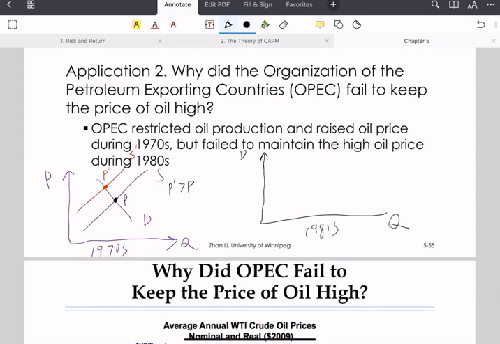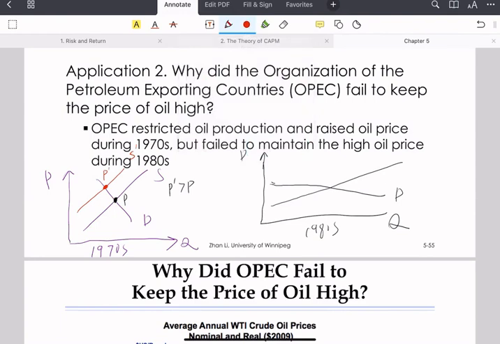Now importantly, in the 1980s, what you observe is we will have flatter demand curves and flatter supply curves.